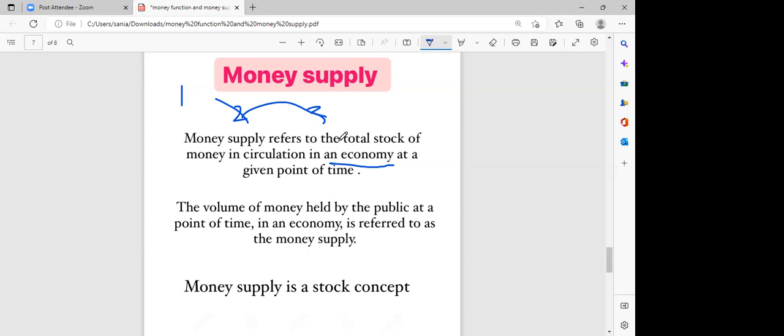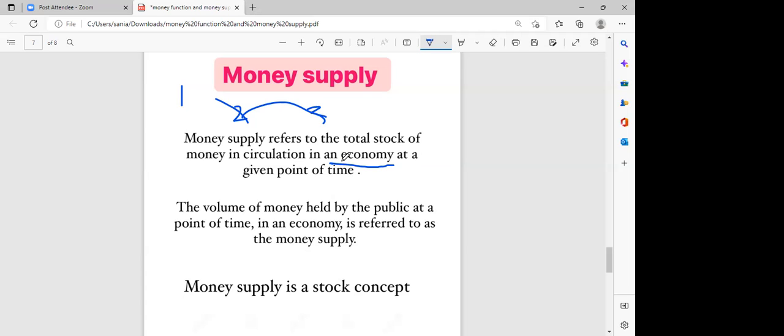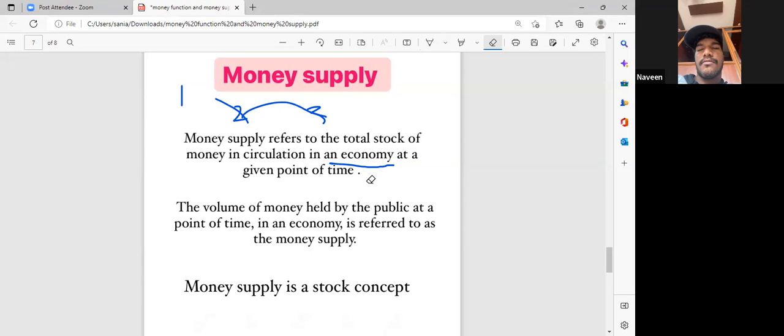If I ask you how much money you have, you'll calculate each and everything, so that is the total. So it is the total stock of money in circulation in an economy, and you have to mention the given point of time. Why? Because, for example, I ask Naveen how much money he has, and he says, ma'am, I have 100 rupees with me. But tomorrow, if I ask, maybe he has 150 rupees or maybe 50 rupees. It can be more, it can be less.